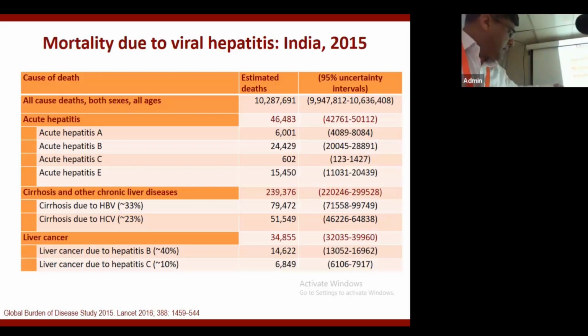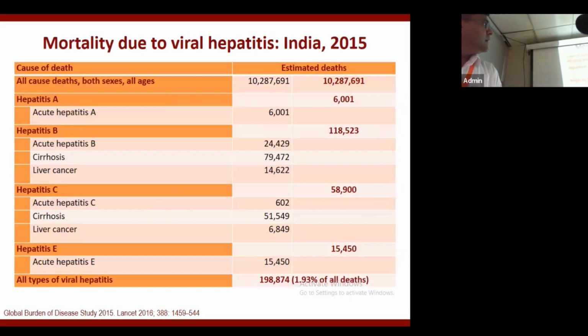This is the global burden of disease data, showing for India how much total death is caused by hepatitis A, B, cirrhosis, hepatocellular carcinoma. This is more of numbers, you need not remember. Just for the sake of completion, those who are more interested in these numbers can go back and read.